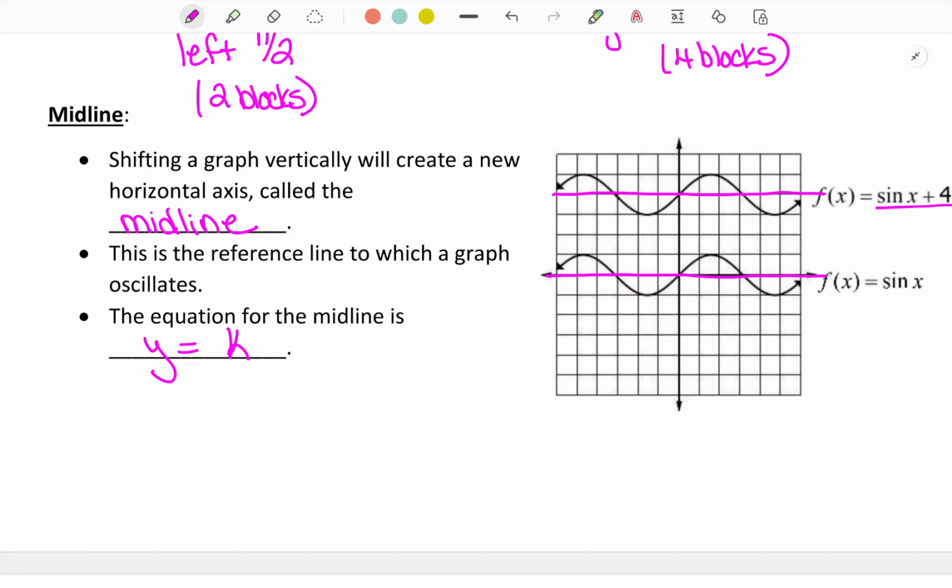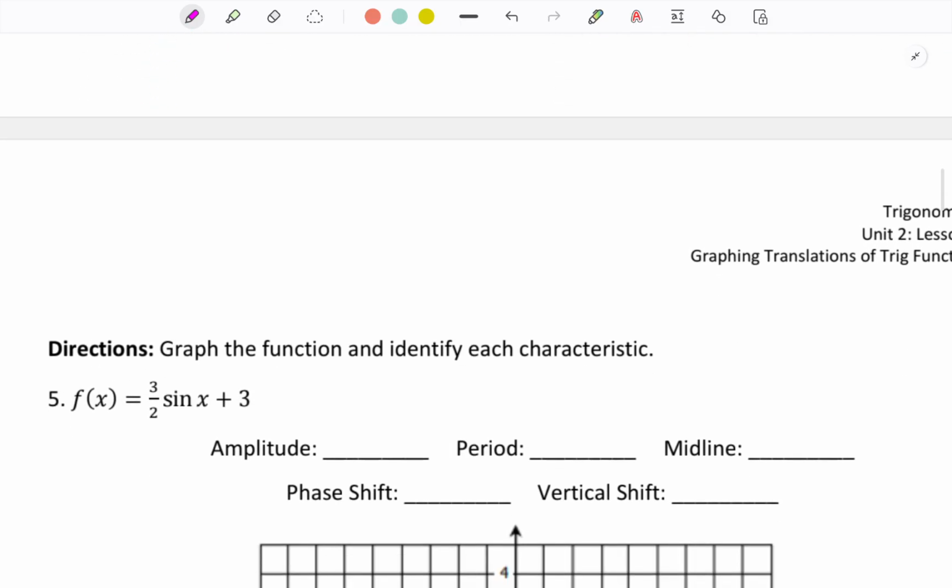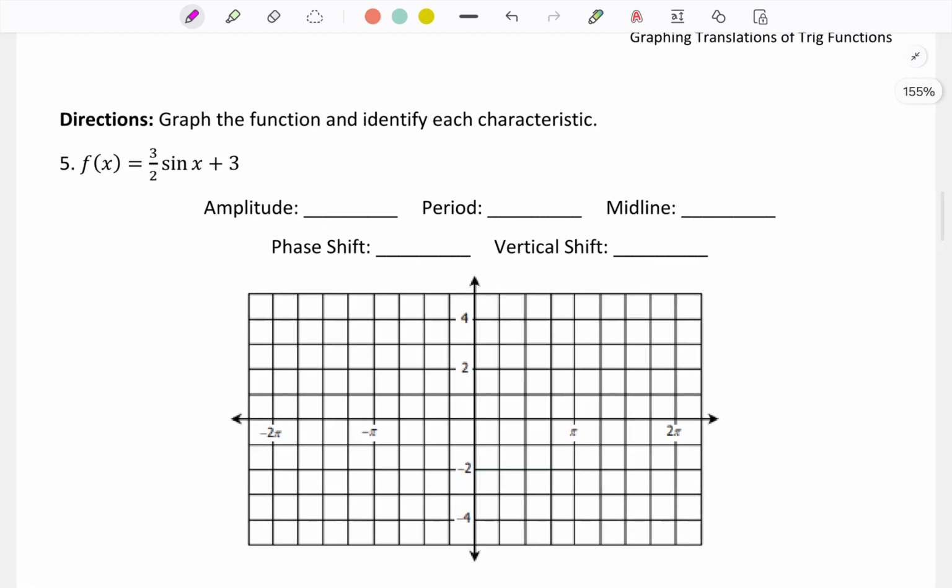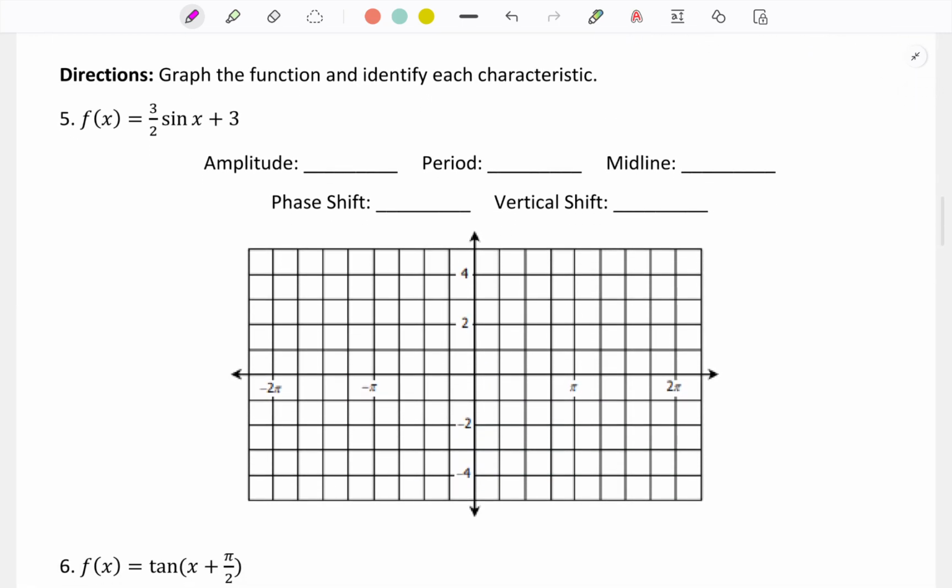Okay, so let's look at graphing some of these. We're looking first at 3 over 2 sine x plus 3. We have an amplitude of 3 over 2. And then we have a period that is 2 pi because we do not have a b value.